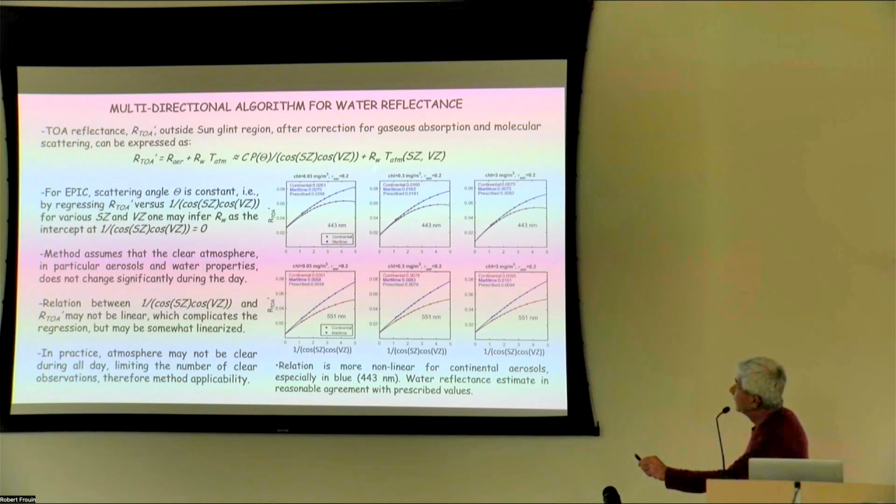Plus the water signal, which also depends on transmittance that depends on the sun and view angles. But for EPIC, the scattering angle is constant here. So if you plot this residual signal as a function of 1 over cosine SZ cosine VZ, when you extrapolate this coefficient to 0, you will get the water signal.